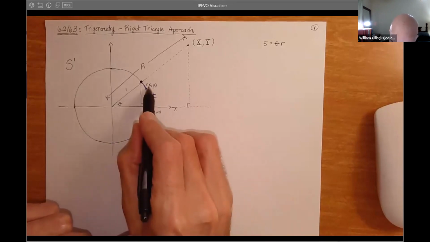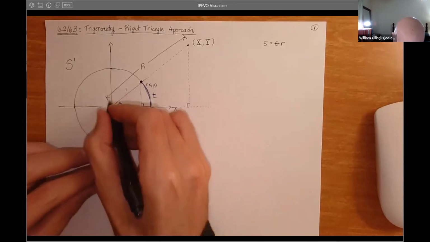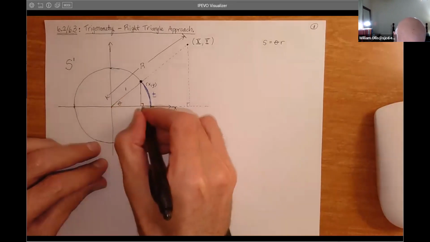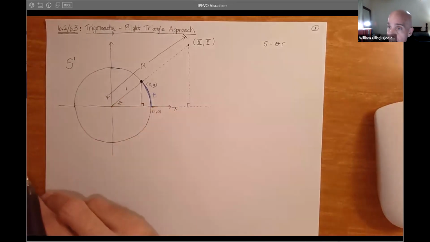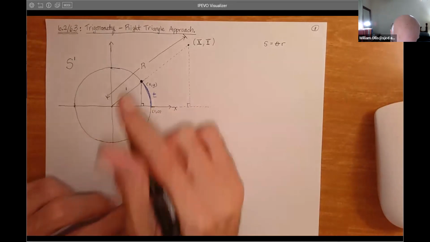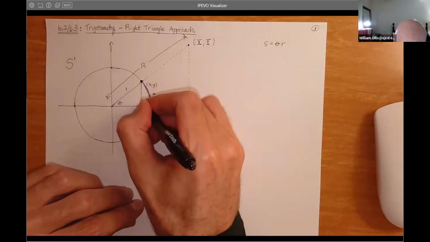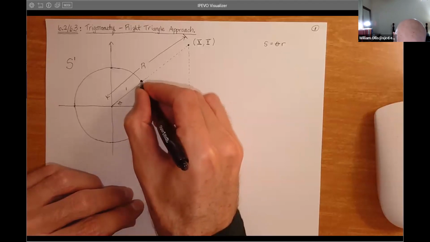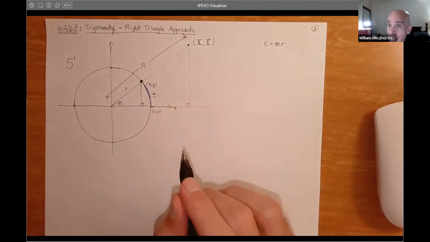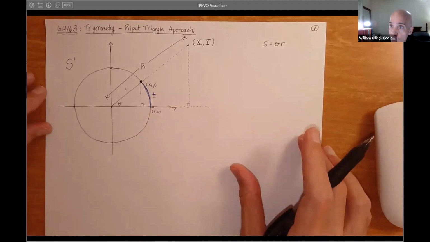We can think of the distance x here from the origin to this point as a leg of a right triangle. And then, of course, the y coordinate here as another distance from the x-axis to the point x, y as a leg for a right triangle.